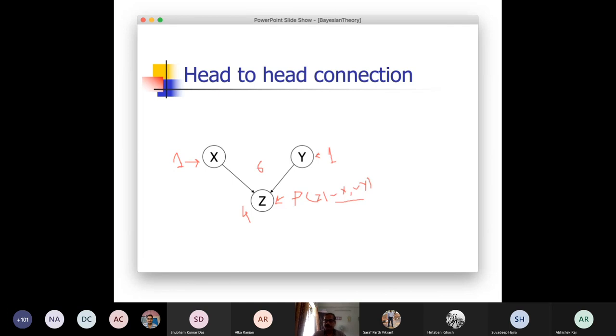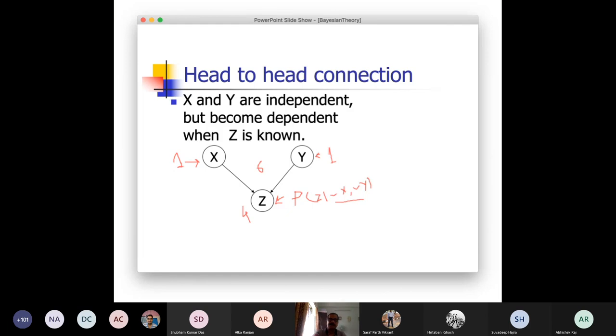So the number of parameters required for specifying a network depends upon the topology. Though the number of random variables is the same, if I consider the joint probability distribution, I have only 8 combinations to specify. But here you require more parameters because of these particular connections. And your inference also follows the same structure.